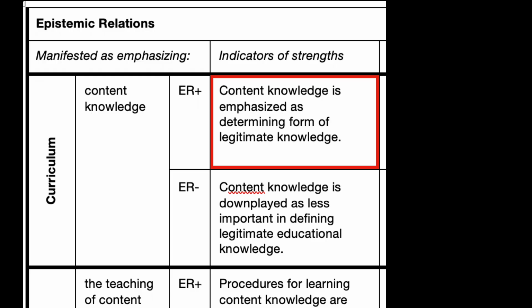This is what the researcher developed as the indicator for strong epistemic relations in the area of curriculum. The indicator for weak epistemic relations in the area of curriculum was defined as this. Content knowledge is downplayed as less important in defining legitimate educational knowledge.